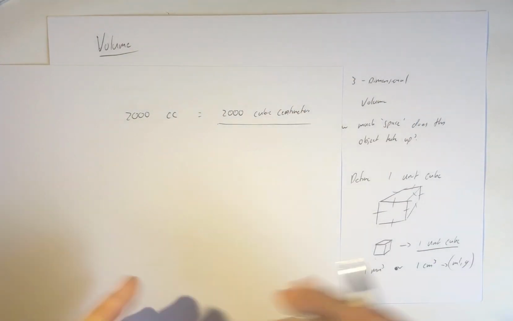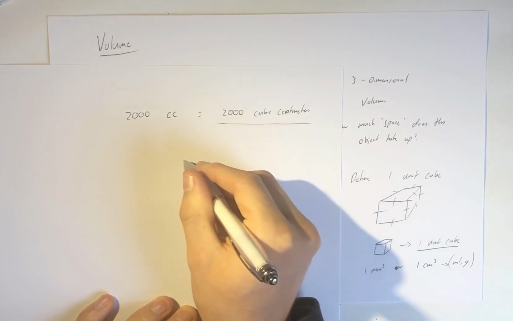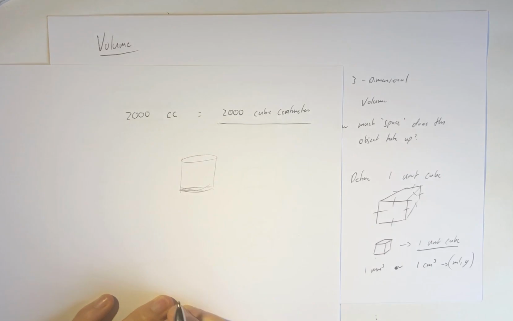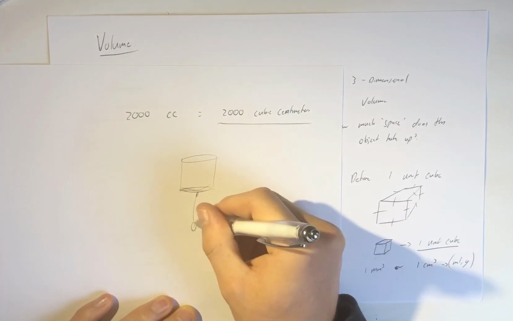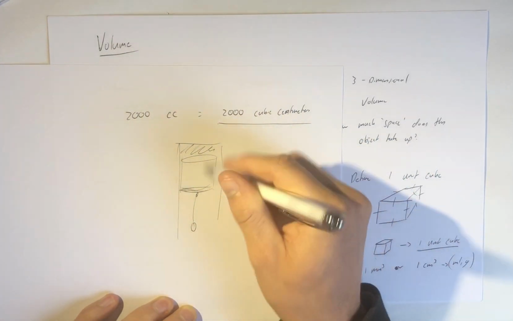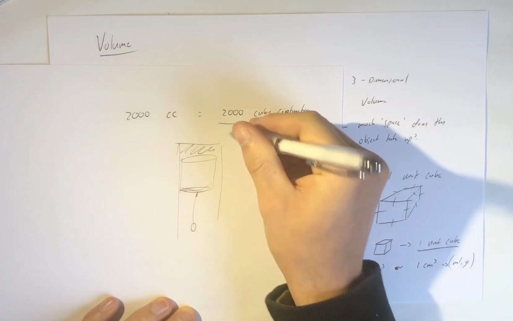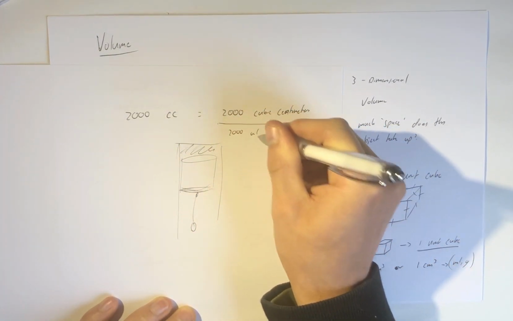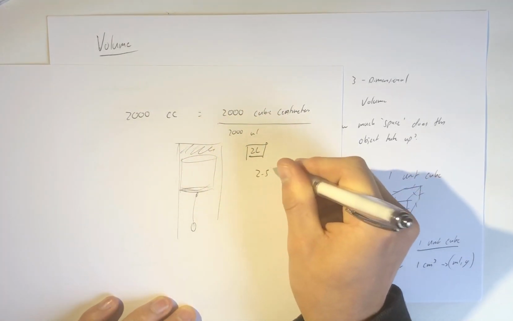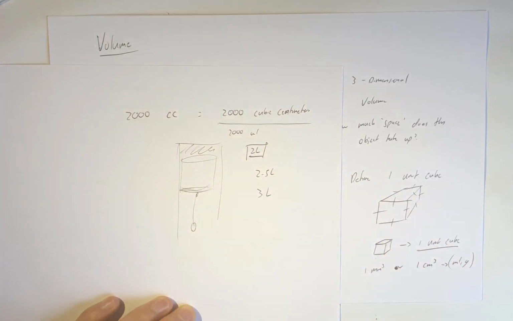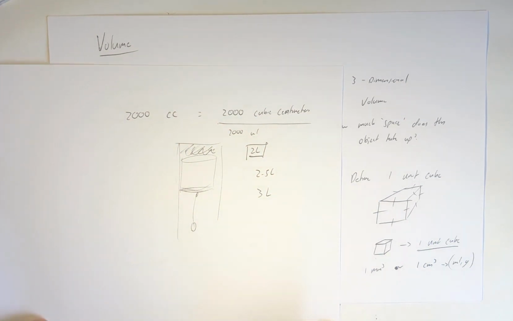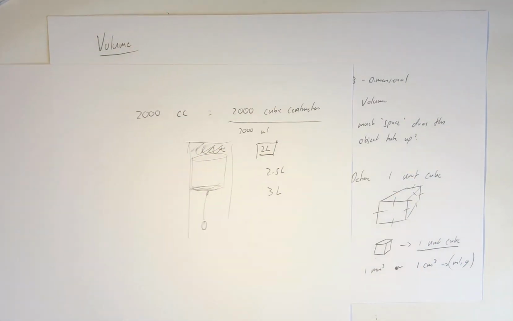If a car is 2000 cubic centimeters, that is the volume of displacement that all the cylinders take up in a car. So 2000 cubic centimeters is 2000 mils, which is 2 litres. That's why some cars are 2 litres or 2.5 litres or 3 litres. That's the volume inside the cylinders of the car, the total displacement of the pistons.